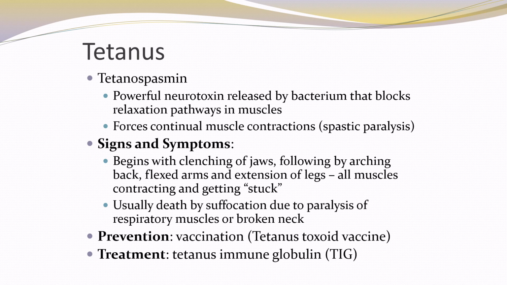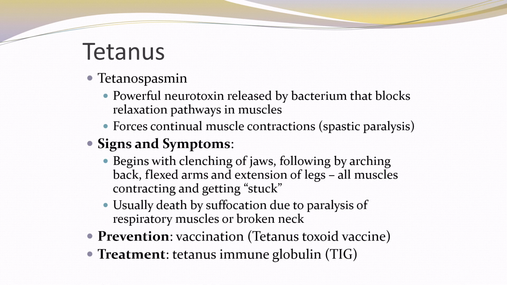So for our signs and symptoms, the big thing with tetanus is going to be paralysis. However, I need you guys to understand that there are kind of two kinds of paralysis, and we're going to talk about both of them with tetanus and then our next microbe and disease, which is botulism. So that is the other type of paralysis. So let's talk about it. The type of paralysis that we see with tetanus is going to be a spastic paralysis.